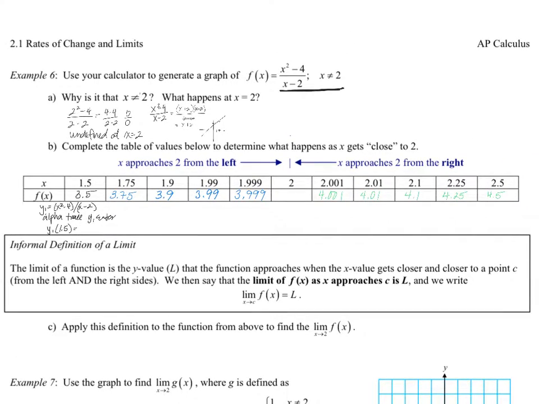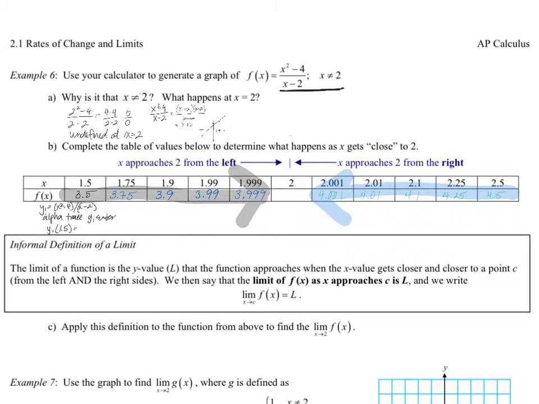Okay, so I'm sure you can make a guess as to what f of 2 should be. As x approaches 2 from the left, as x approaches 2 from the right, I'm coming towards the same value.